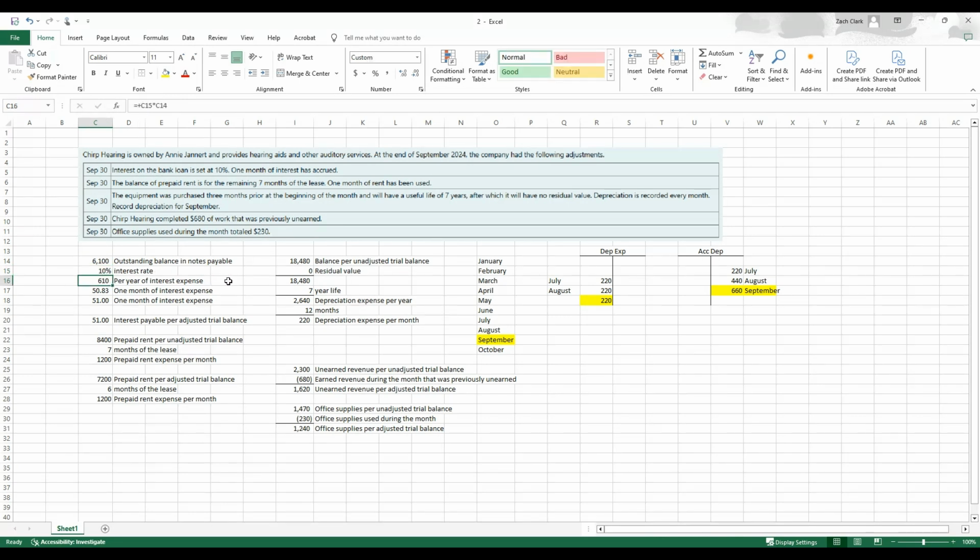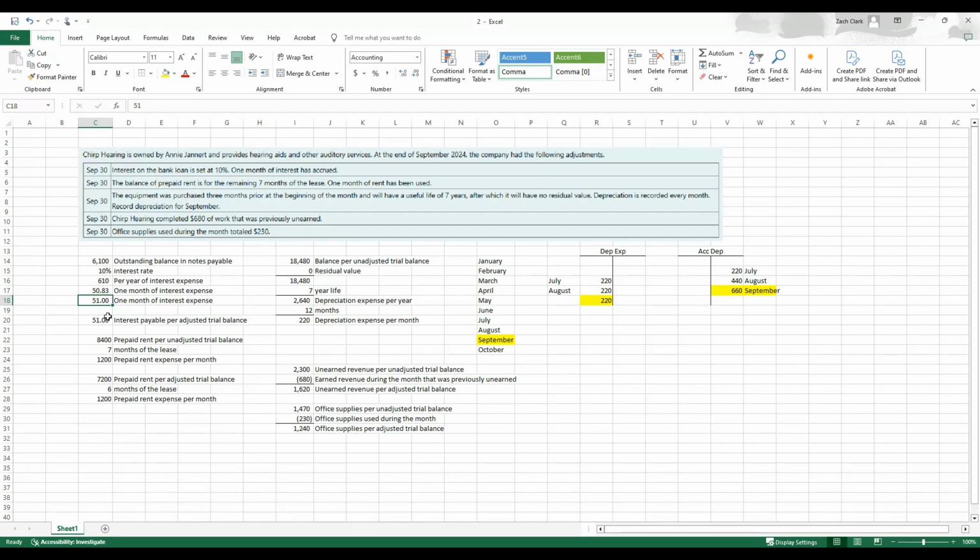So total interest expense for a full year, if that balance of outstanding notes were to stay the same the whole year, would be $610. And then to get the monthly, we're just going to divide that by 12. And it tells us in the problem to round to the nearest whole number. So instead of 50.83, we'll have 51 of interest expense on this outstanding notes balance per month.